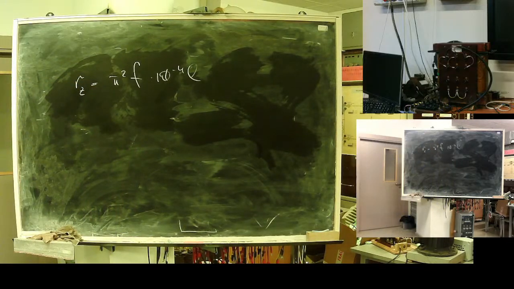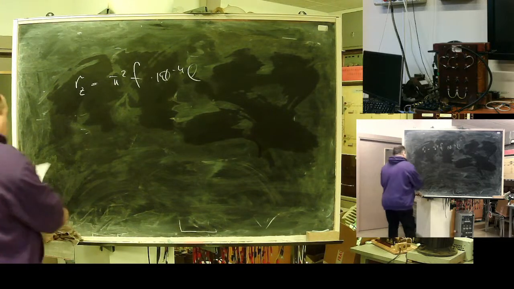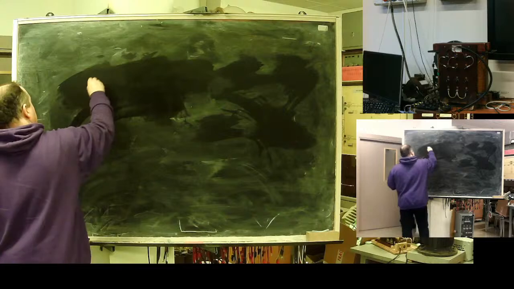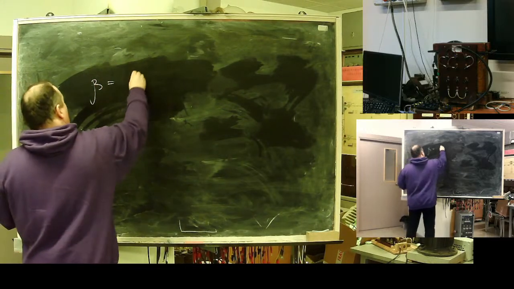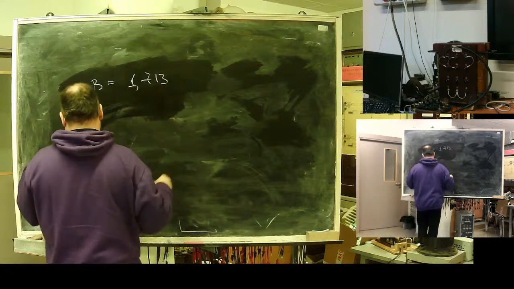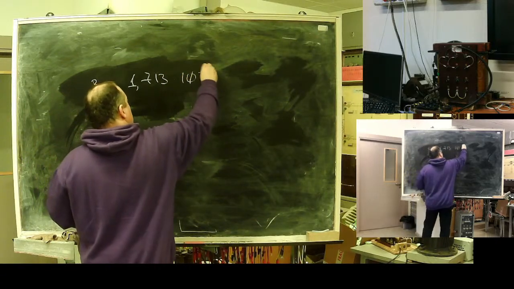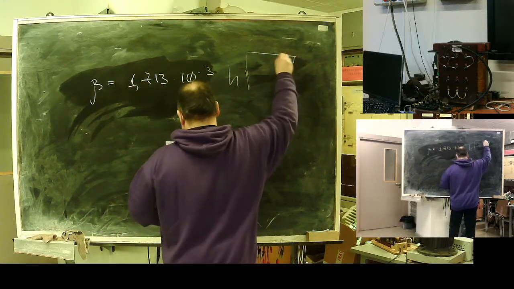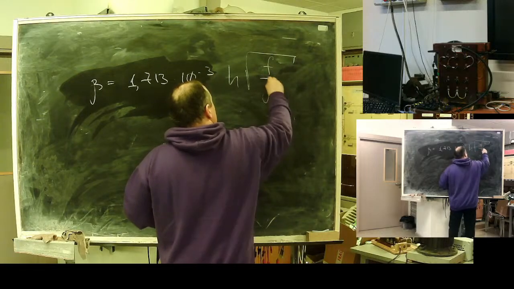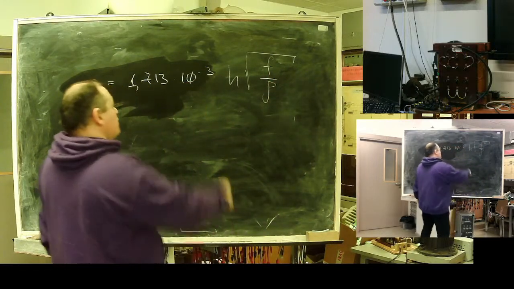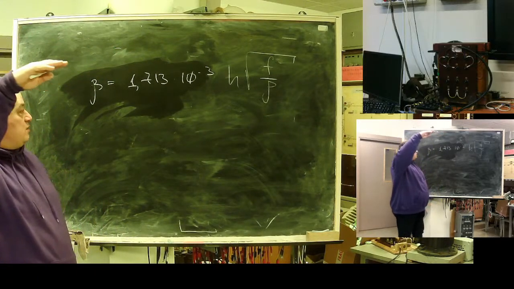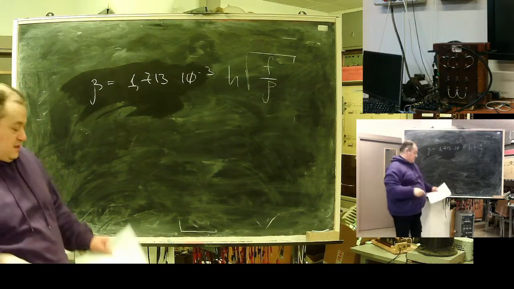A more detailed model was developed by Carson, and Carson's model relies on a parameter being 1.713 and square root frequency Earth conductivity. H is a height above ground, distance from ground, frequency and Earth conductivity.